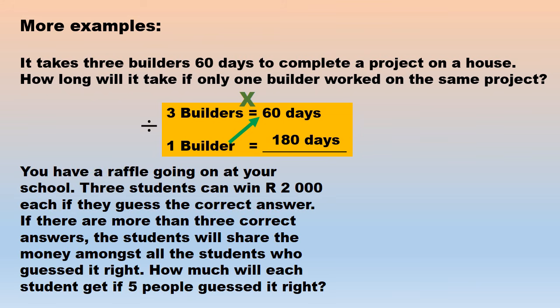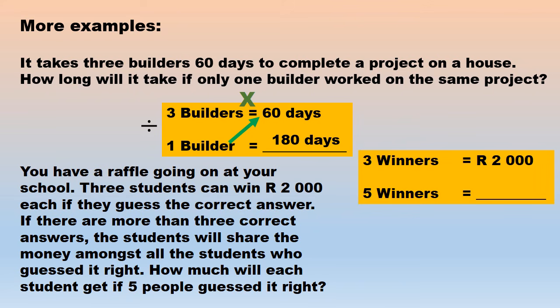Let's have a look at another example. You have a raffle going on at your school. 3 students can win 2,000 Rand each if they guess the correct answer. But if more than 3 students guess the answer right, they will share that amount amongst themselves. How much will each student get if 5 people guessed it right?